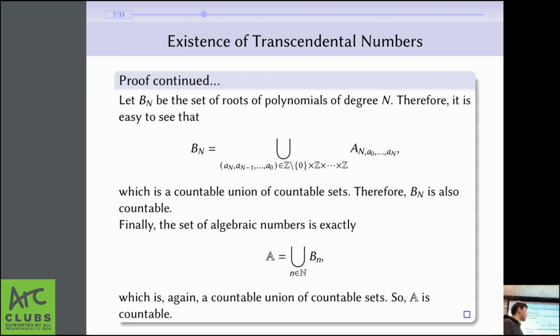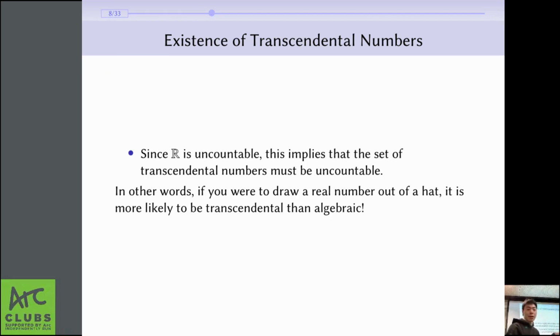So if it forms a countable set, then transcendental numbers must exist. The reason for this is because the set of real numbers is uncountable. So if we take all of the countable parts away, we get something that's uncountable. And so we have a result where the set of transcendental numbers is actually uncountable.